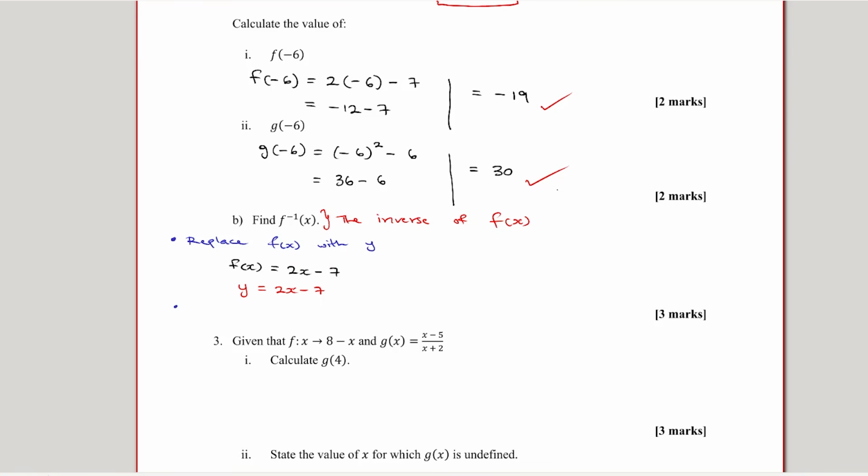Step 2, we interchange x and y. So interchange means that we're going to swap the positions. Wherever we have y, we're going to replace it with x. Wherever we have x, we're going to replace it with y.